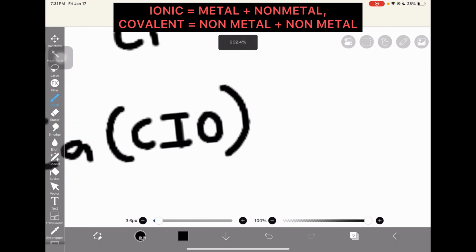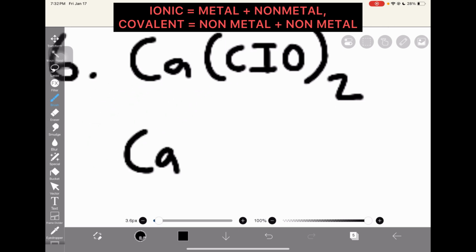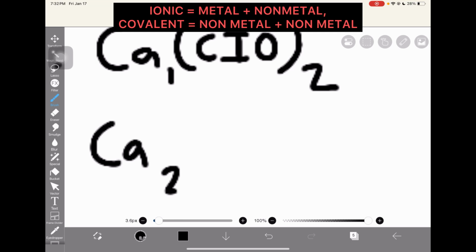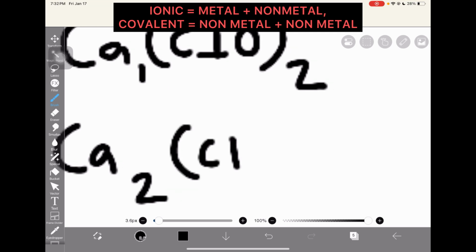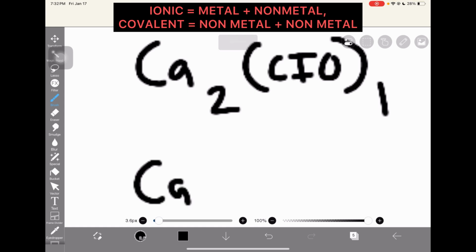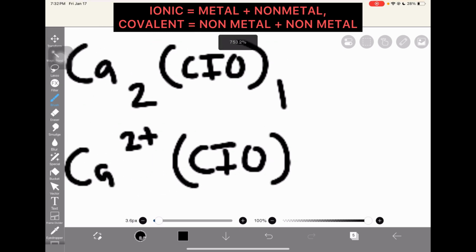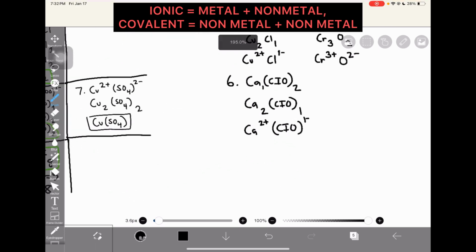Yeah, 2. So we're going to put Ca1 there. So we have Ca2, ClO1. Then we just bring them back up: Ca2 plus ClO1 minus. Yep, there we go.